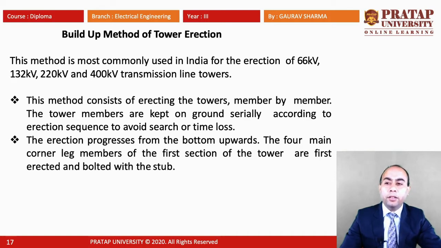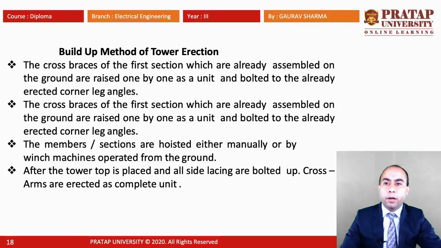The four main corner leg members of the first section of the tower are first erected and bolted with the stub. Now, the cross braces of the first section, which are already assembled on the ground, are raised one by one as a unit and bolted to the already erected corner leg angles.